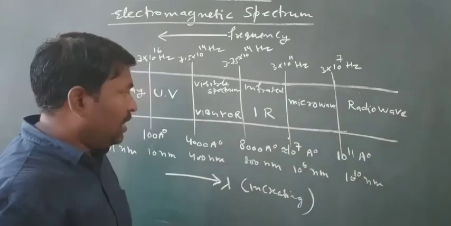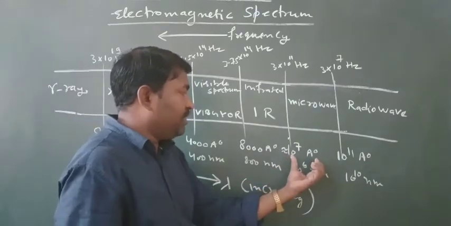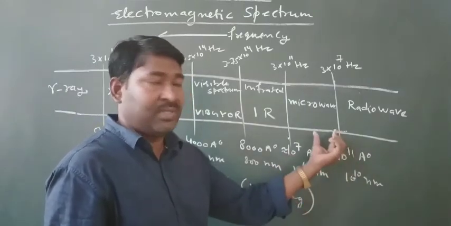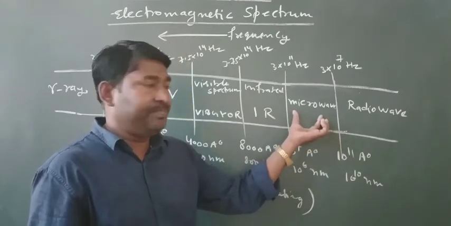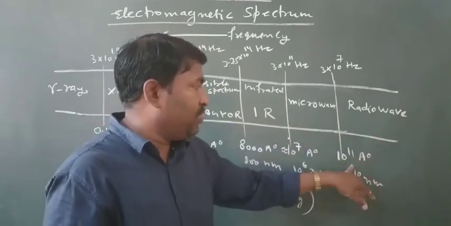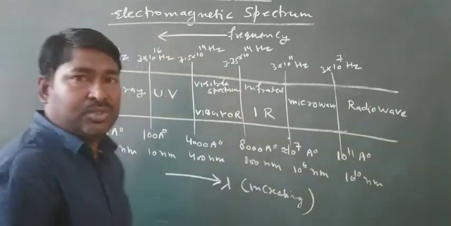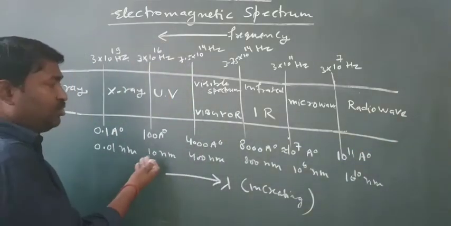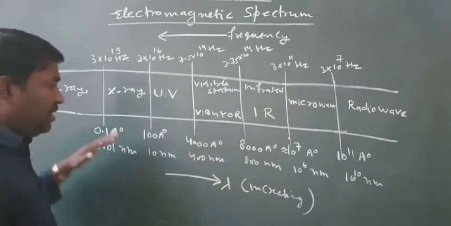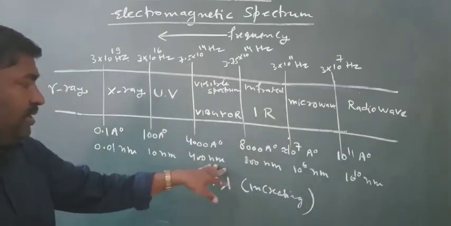Between 10 power 7 angstrom and 10 power 11 angstrom it is microwave, and beyond 10 power 11 angstrom it is radio waves. So we have arranged the electromagnetic spectrum in increasing order of wavelength.